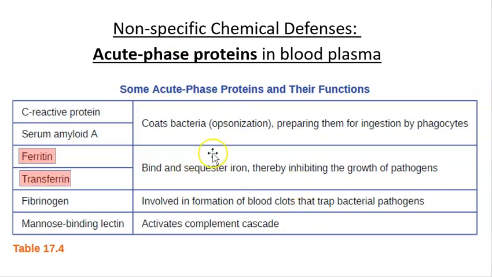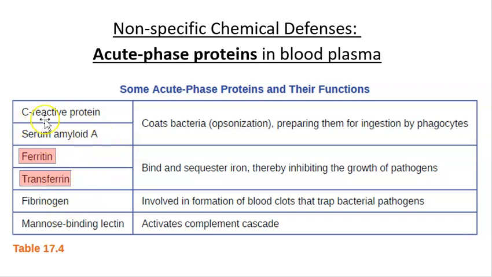And you can see that some of these proteins will actually coat the bacteria that are out there, and that's really a signal for phagocytic cells to grab on and eat them. You can see we've got our blood clotting factors that are out there, like fibrinogen, that's going to be able to cause your blood to clot and limit the loss of your fluids there.